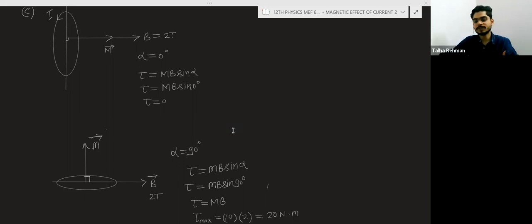All the concepts of this chapter, like magnetic field, magnetic moment, torque and all that, will be used in the chapter electromagnetic induction. The electromagnetic induction is directly related to the magnetic effect of current, means this chapter.